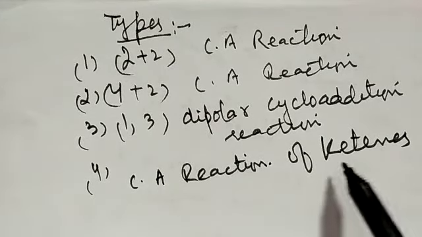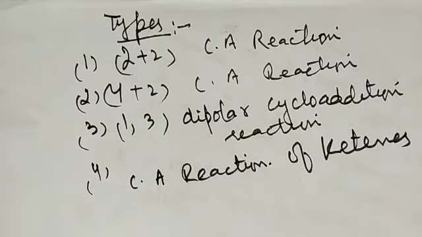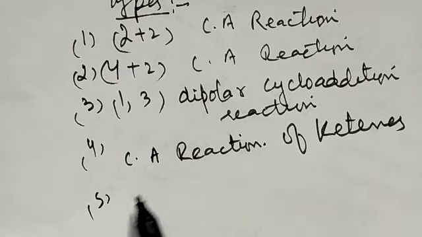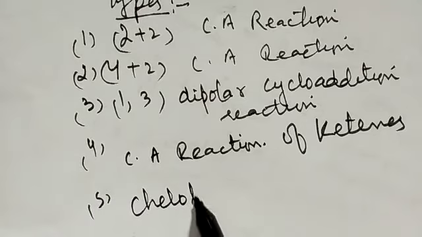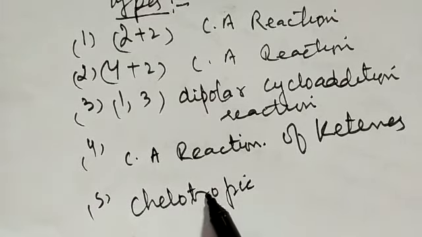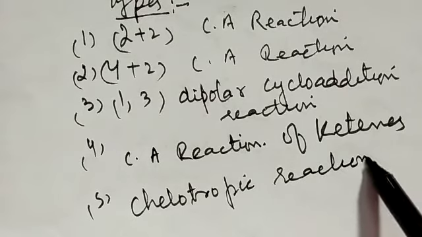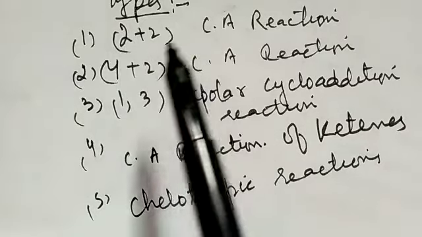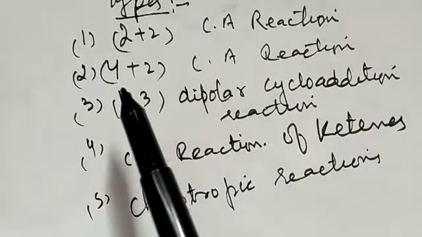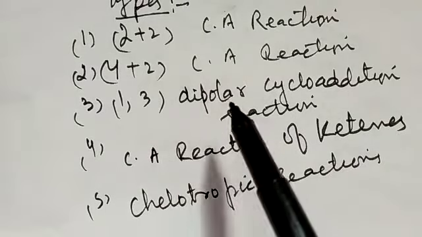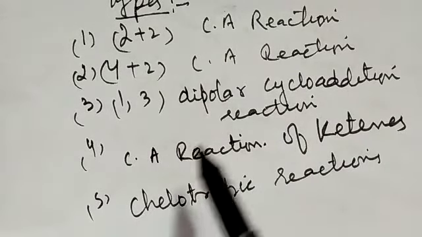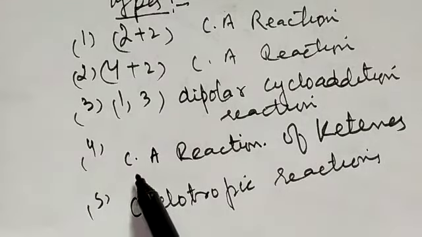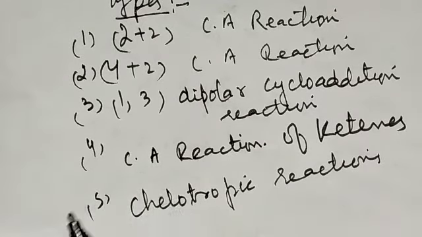This is not ketone, ketene, right? Last one is chelotropic reactions. These are the 5 types of cycloaddition reactions: 2 plus 2, 4 plus 2, 1,3 dipolar cycloaddition, cycloaddition of ketenes, and chelotropic reactions. I write Ca for cycloaddition, so don't get confused.